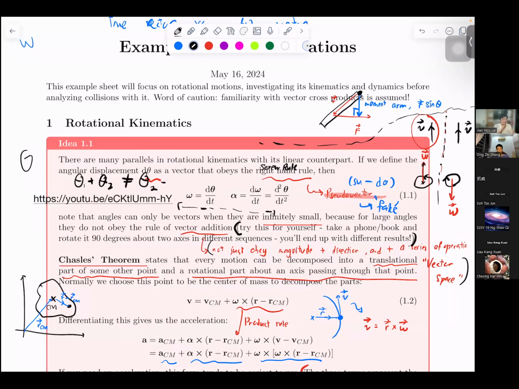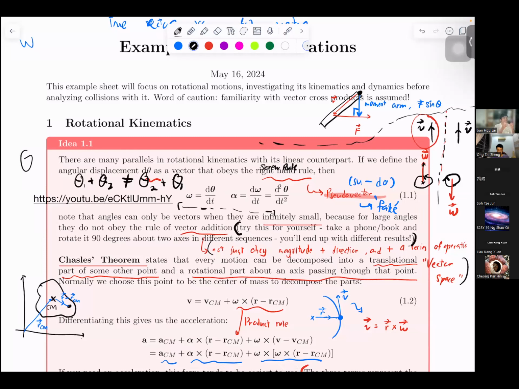That's why we say angular displacement is not a vector, but the infinitesimal angular displacement is a vector. You may ask why this is so, and you can check out a video with a more visual demonstration.